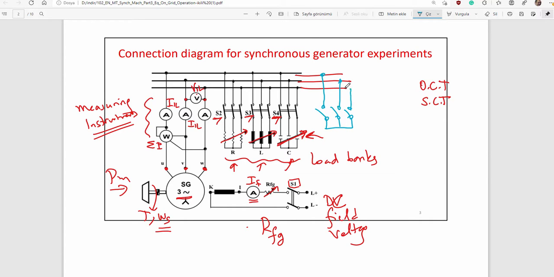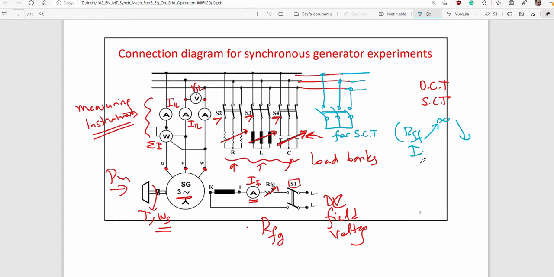It would be dangerous under rated voltages. That's for short circuit test. First of all, please increase RF to infinity and then decrease.